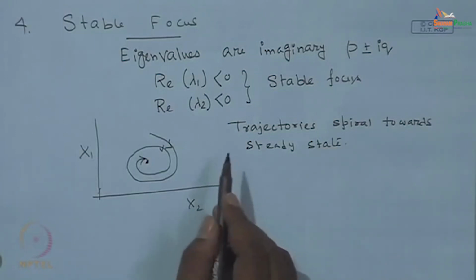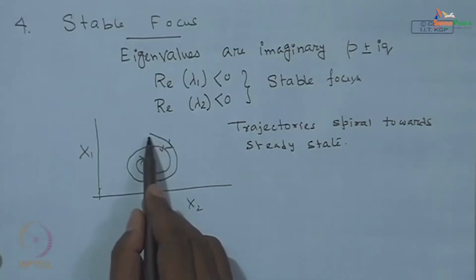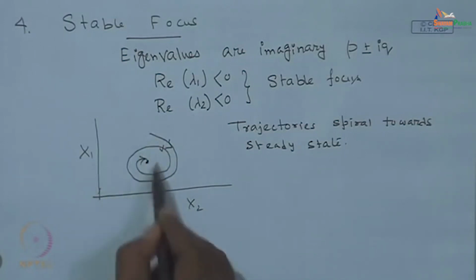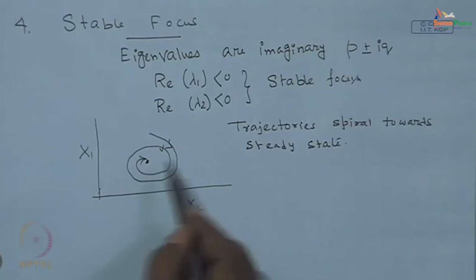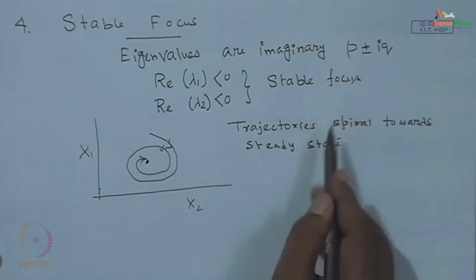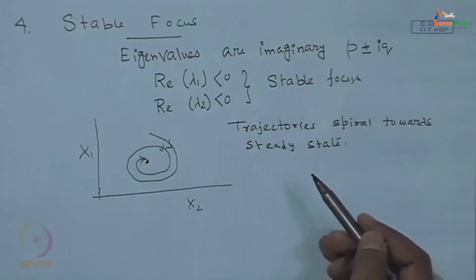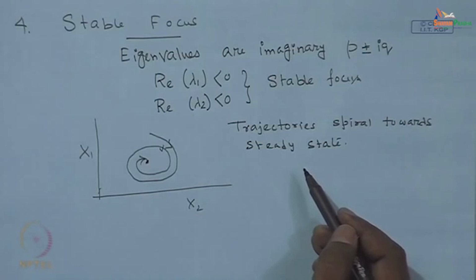Where it spirals from depends on the initial conditions. As you have seen, the eigenvalues contain an imaginary part, so the solution in the deviation variable will be in the form of sine and cosine functions.